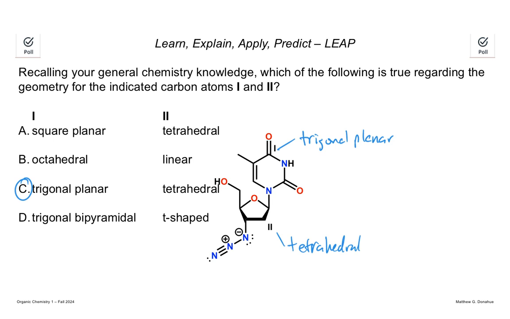Roman numeral 1 is trigonal planar, so the 3 atoms bonded to it are all in a plane. When I say trigonal planar, tetrahedral, linear, does that jog your memory about bond angles? We'll start talking about that next week. The bond angle affects the shape of the molecule.